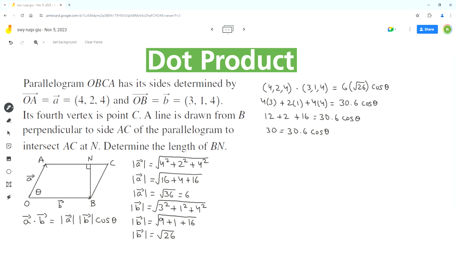Now we can divide both sides by 30.6. So on the left side, we can divide 30 by 30.6. So I got 0.9804.